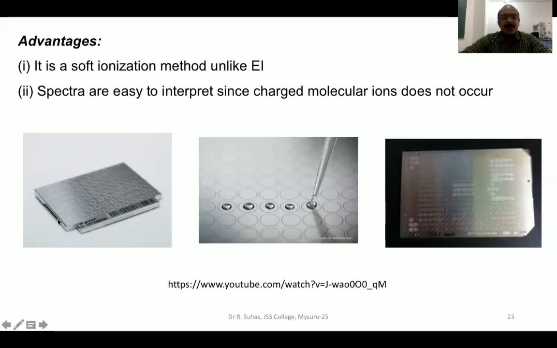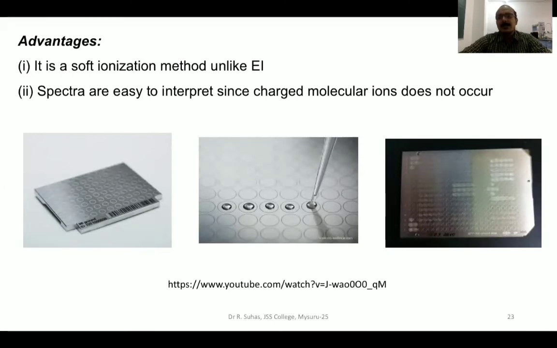This is the MALDI plate. You will see a number of circles, both in vertical as well as horizontal positions. Once you take the MALDI plate, you clean it with some solvent, usually ethanol, and then you spot the sample. Before spotting, you need to mix the sample with the matrix. Usually water is used for mixing, because we use highly polar compounds, for example peptides.